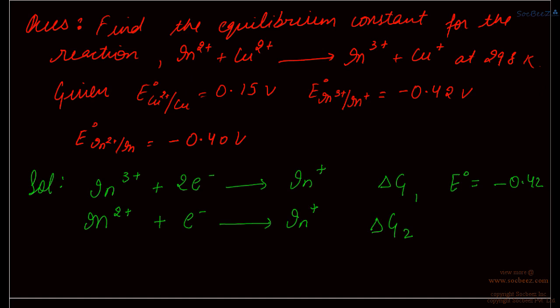It has a certain delta G naught value, let's note it as delta G2, and E naught as minus 0.40. Let's call these equation 1 and equation 2. Now let's subtract equation 1 from equation 2.